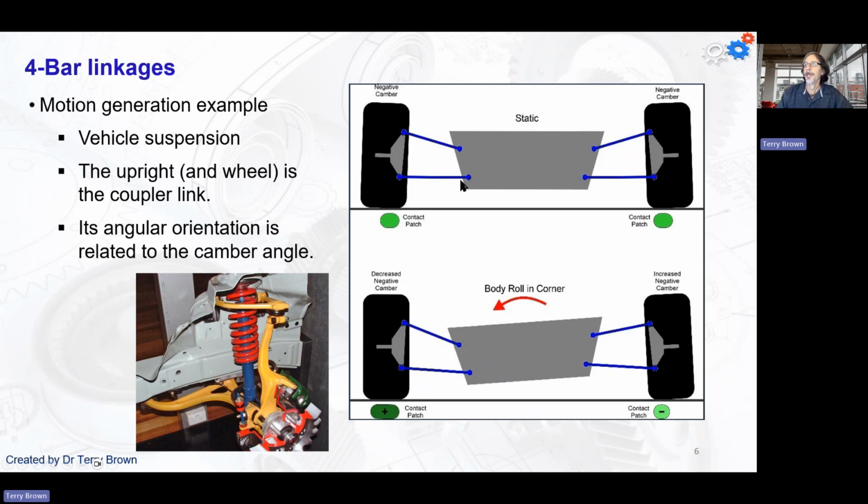It's important that when you design your suspension system, the motion of the upright and the wheel, which is the coupler link in this version of the 4-bar mechanism, has the correct motion and orientation, because that affects the camber angle of the wheel and tire, which then of course affects your contact patch, which then affects your grip and so on.